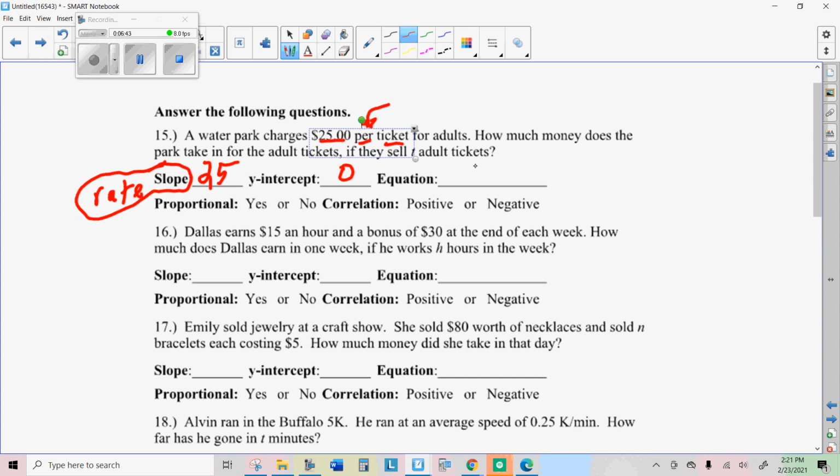And our equation is just, let's use cost, for all these people, is equal to 25 times T tickets, the number of tickets we sell or we buy. Okay? And that is a proportional situation since the y-intercept is 0 and it's just 25 times T. The correlation, since the slope is positive, is a positive correlation.